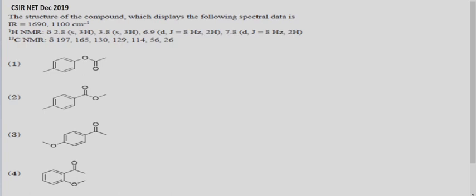If you look into the molecule, all of them are giving us 4 proton signals. So it is good. Step 2: you could find there are 2 aromatic signals, 6.9 and 7.8, and both of them are doublets.